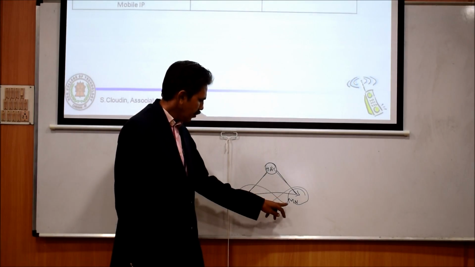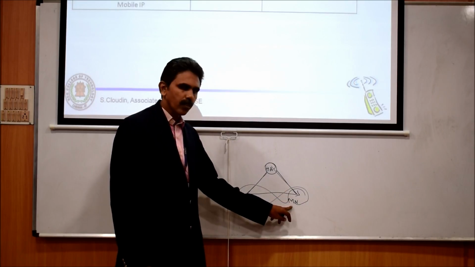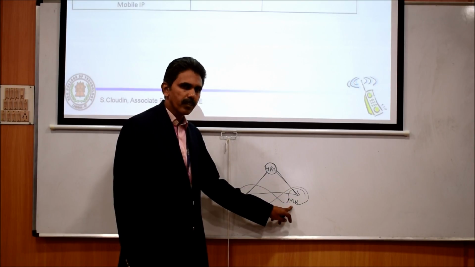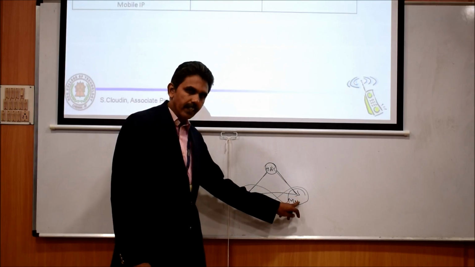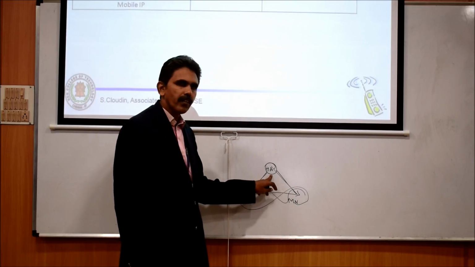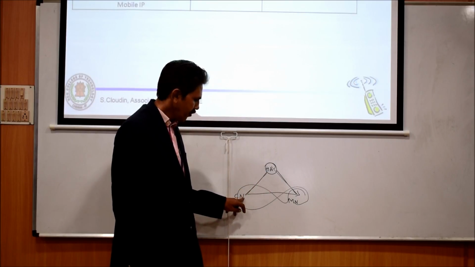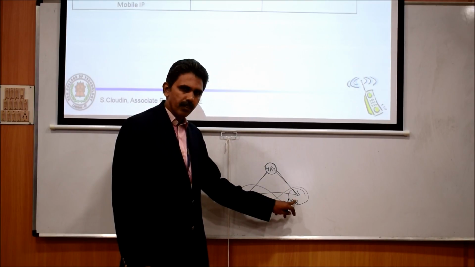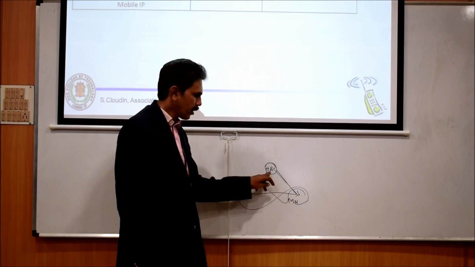If the correspondent node knows the exact location of the mobile node, it will be easy for the CN to communicate directly without the involvement of the home agent. Let me repeat again: if the correspondent node knows the exact location of the mobile node, it can communicate directly without the involvement of the home agent.